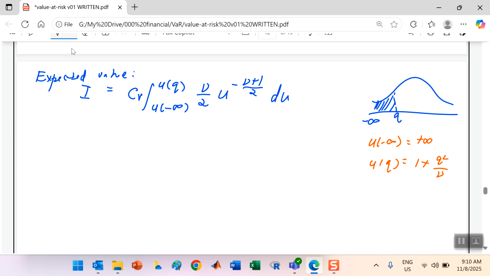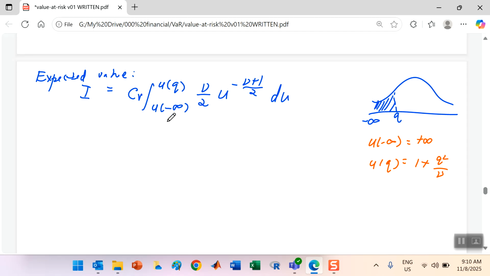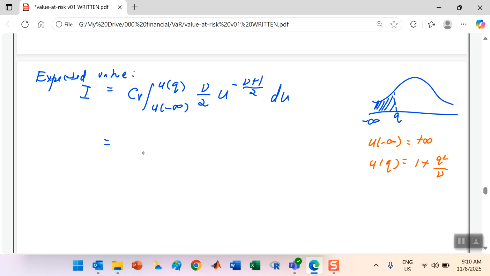This will be the value. Then we substitute this back into the equation here. Then you're going to have minus CV. Now we just change the limits, from minus infinity to positive infinity, to u_q to infinity, exchanging the limits. So this is u_q, and this is μ/2.